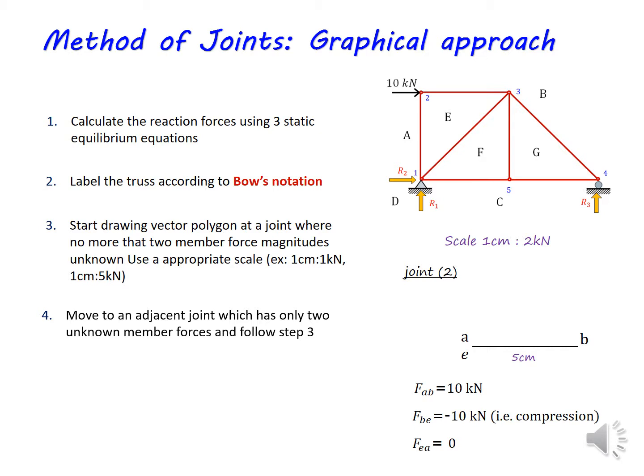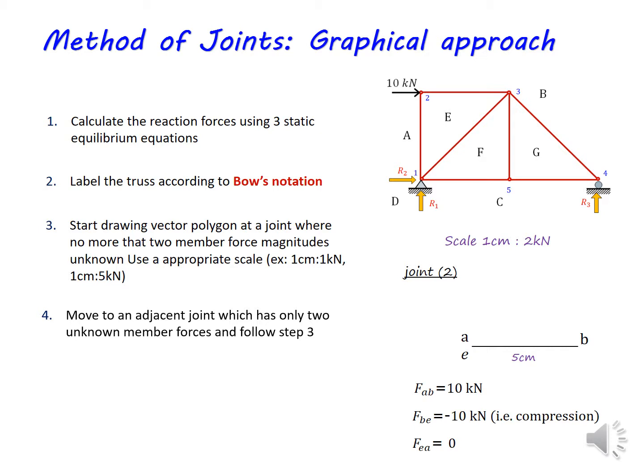So if we consider joint 3 and joint 1: for joint 3, we know the member force of member 3, 2, but we don't know the forces of 3 members, so we can't select joint 3.